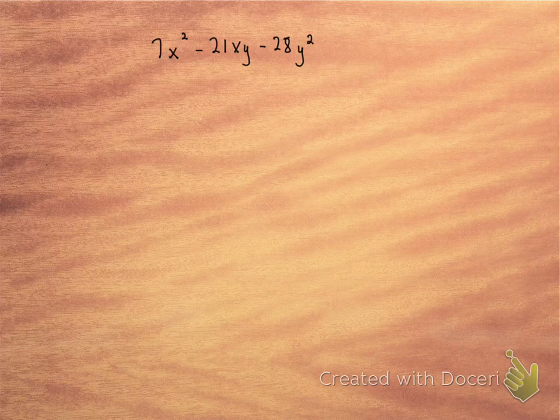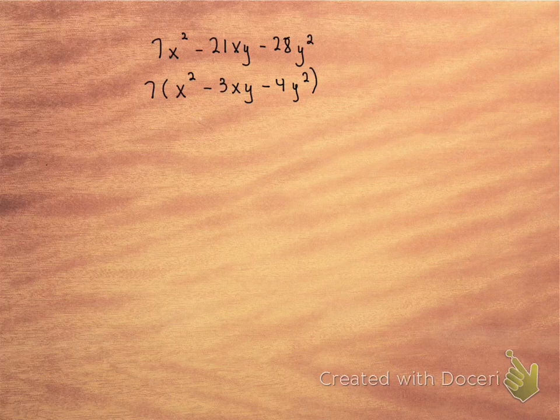Okay, next type of problem has a mix of variables, x's and y's. So we're going to start with a GCF because I recognize 7 goes into 21 and 28. So we will factor out a 7: x squared minus 3xy minus 4y squared. Now I'm going to use my factoring perfect square trinomial skills to see if this is a perfect square trinomial. I've got a 1 and a 4. The square root of 1 is 1.